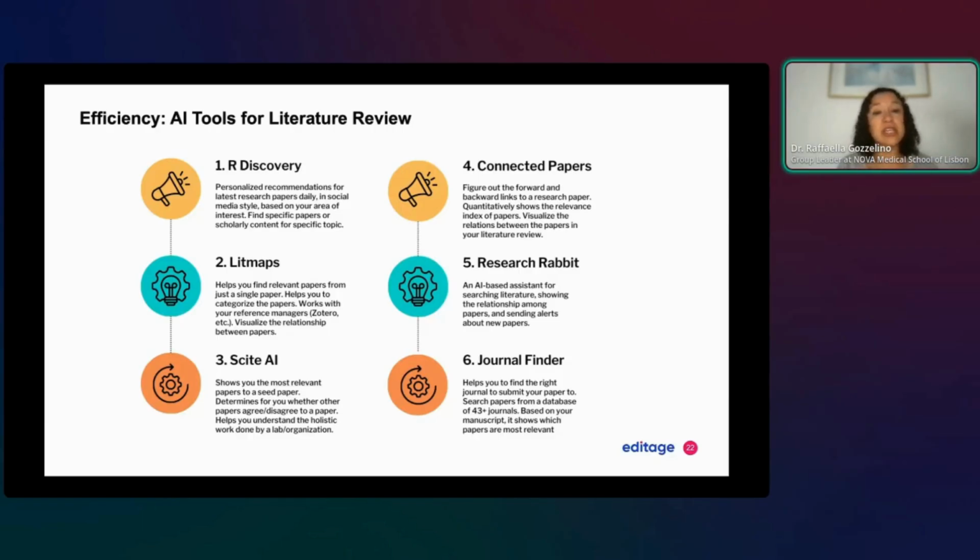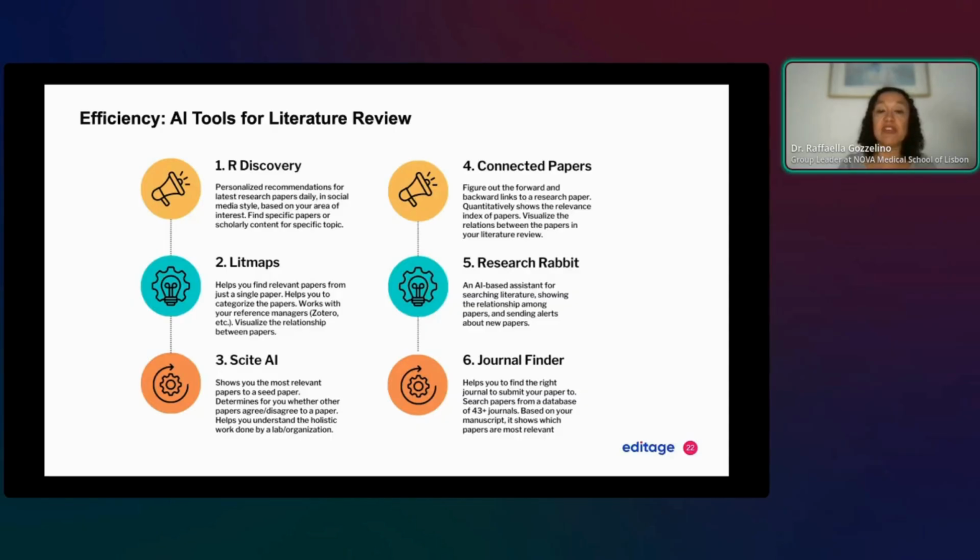Our Discovery provides you personalized recommendations for the listed research papers daily or in social media style based on your area of interest, and allows you indeed to find the specific papers and the specific content. Lead maps help you find the relevant paper from just a single paper.